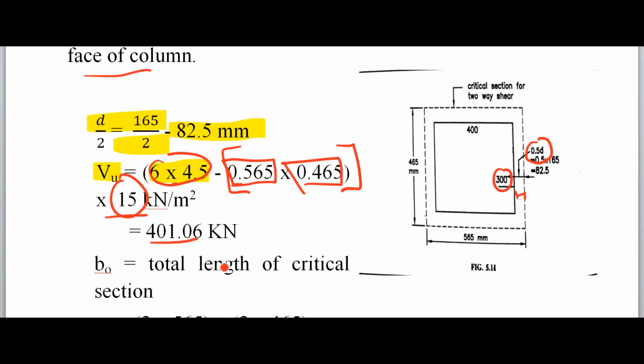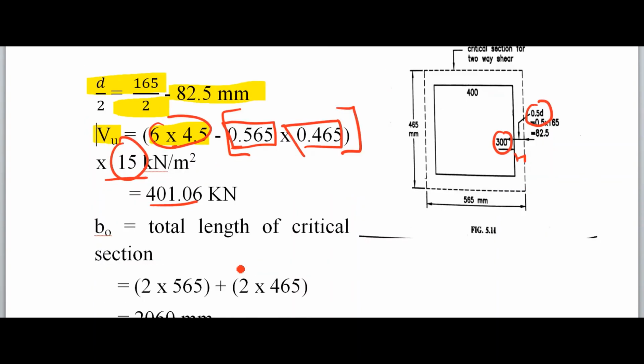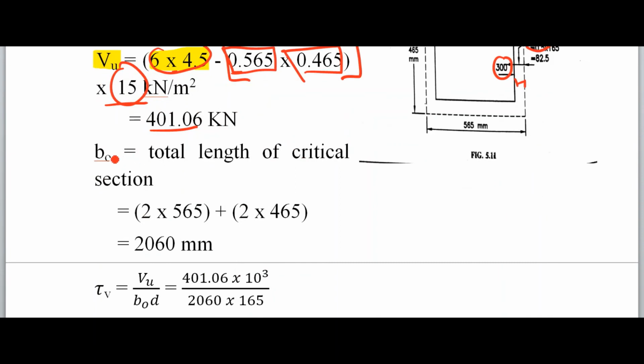So Vu is 401.06 kilonewton. B0 is the total length of the critical section, 2 into 565 and so on, so 2060 mm is B0, the total length of the critical section.